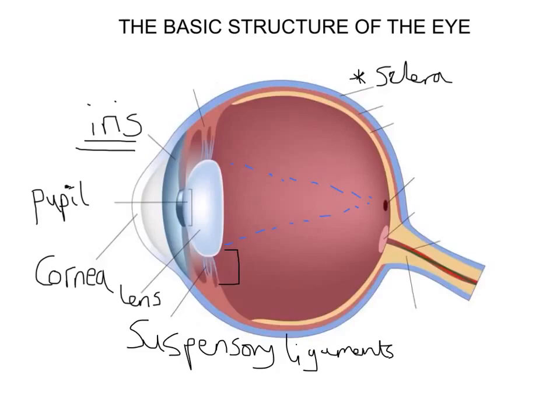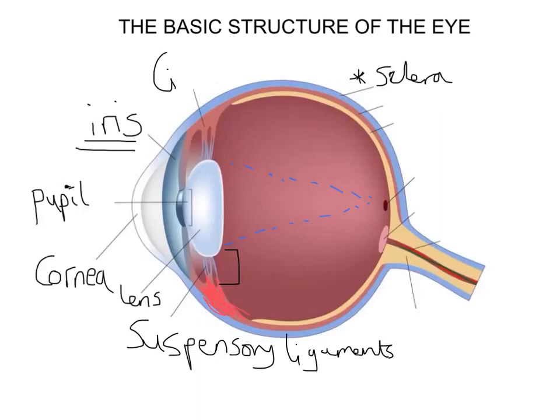So we've got suspensory ligaments attached to the lens, and those ligaments, you can see, are attached to this. If I just highlight it in red at the bottom here, this part here that I'm just roughly shading in, this red part here, and that is muscle, and I'll label the equivalent on the top.